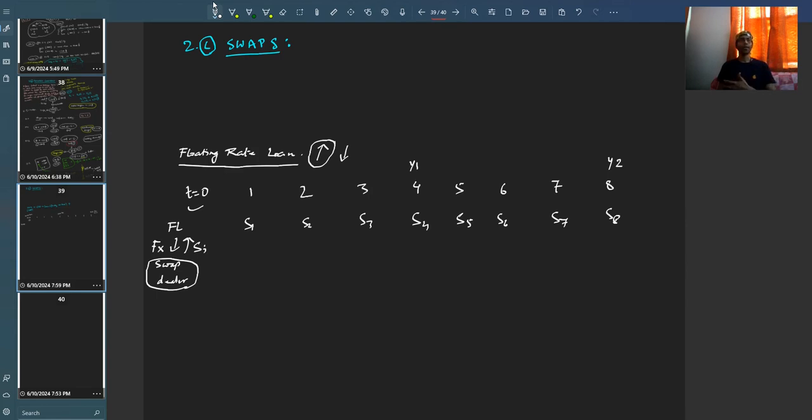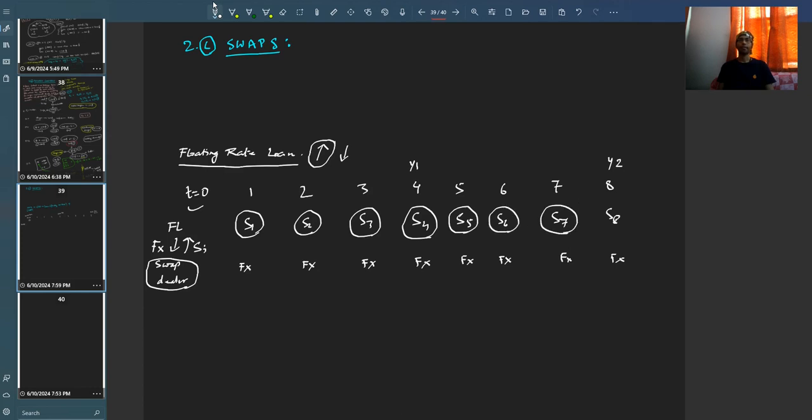It can be S1, S2, S3, S4, whatever. Now your payment has become fixed, and in return you are getting the variable payments. So in each of these terms you are paying the swap dealer FX, and in return the swap dealer is paying you S1, S2, S3, S4, S5, like this. These payments are being paid by the swap dealer.